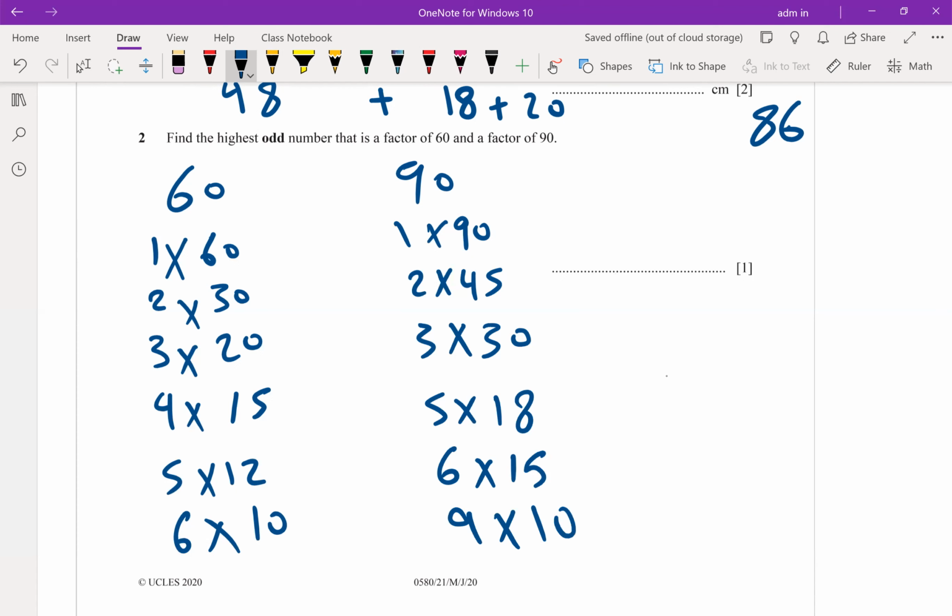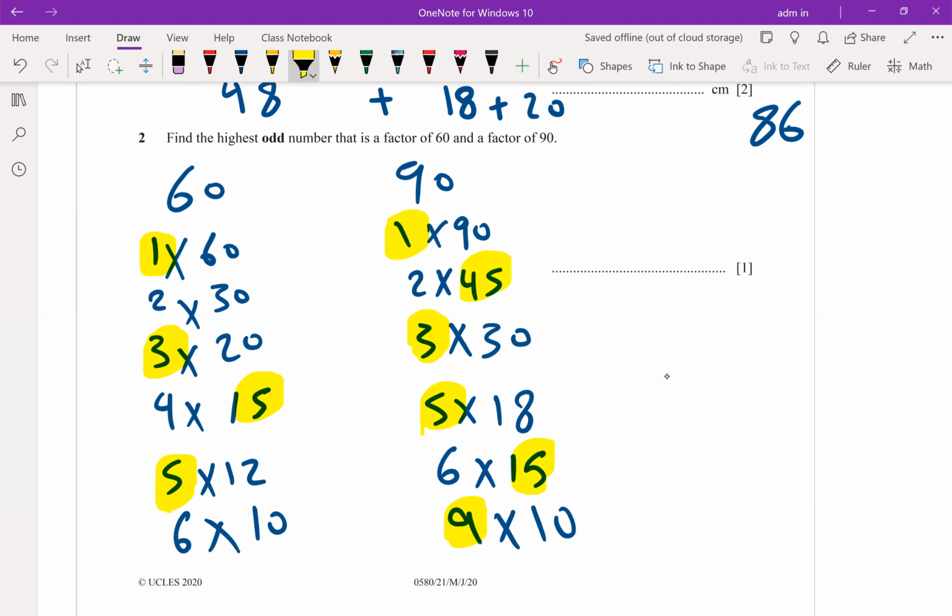But he asked for the highest odd factor common to both. The odd factors of 60: 1 is odd, 3 odd, 5 odd, 15 odd. On the other side, for 90: 1 odd, 3, 5, 9, 15, 45.